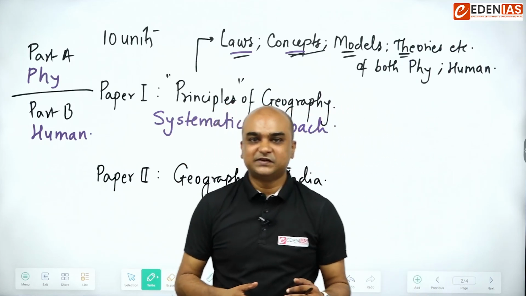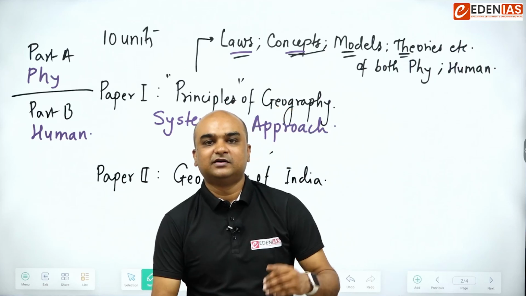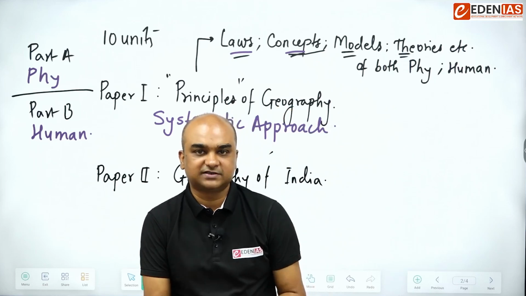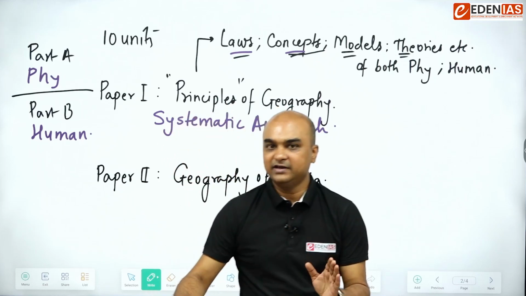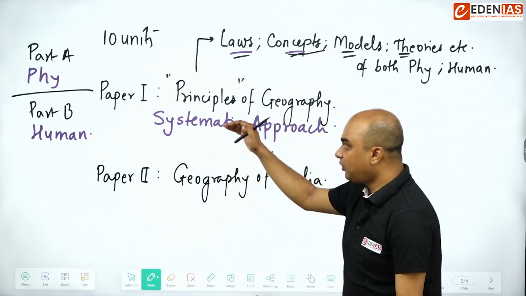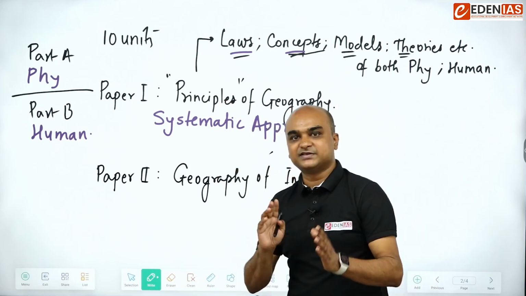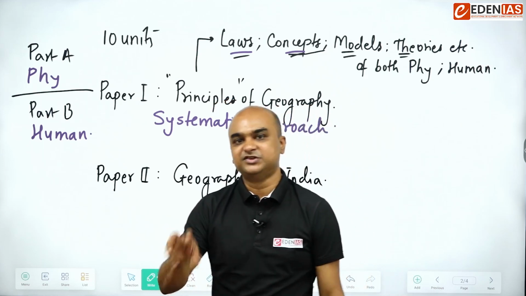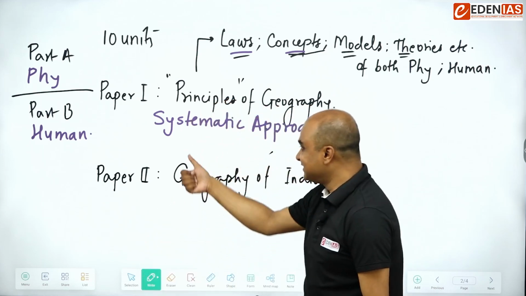Like there are several kinds of dichotomies and dualistic thoughts in geography. One kind of such dualistic and dichotomic thought is to divide or to see the paper either from the systematic lens or from the regional lens. What is systematic approach?